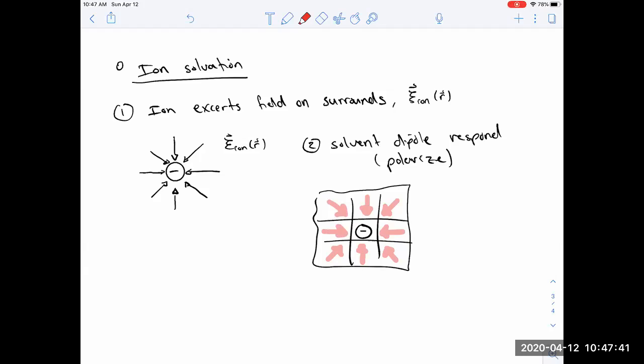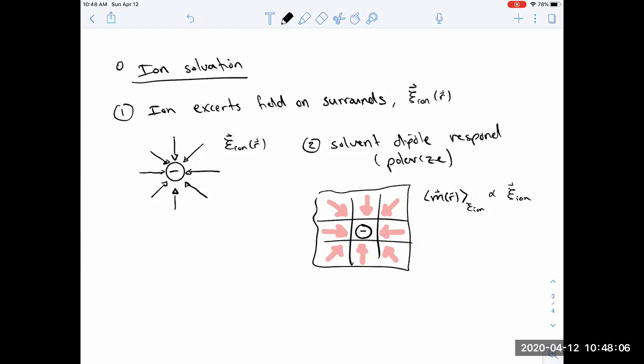Those dipoles would align, and the amount that they will align, the dipole generated in any one of those cells due to the field from the ion is going to be proportional to the field. That's what we worked out a second ago.